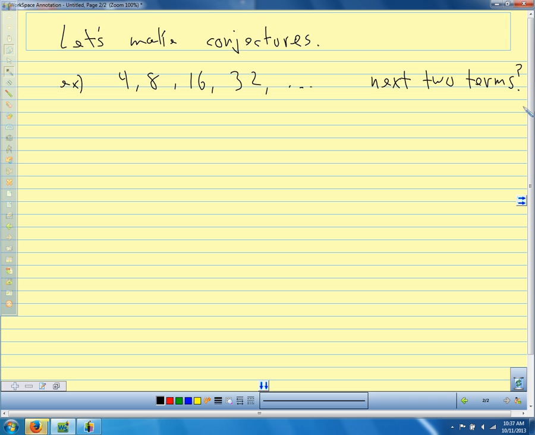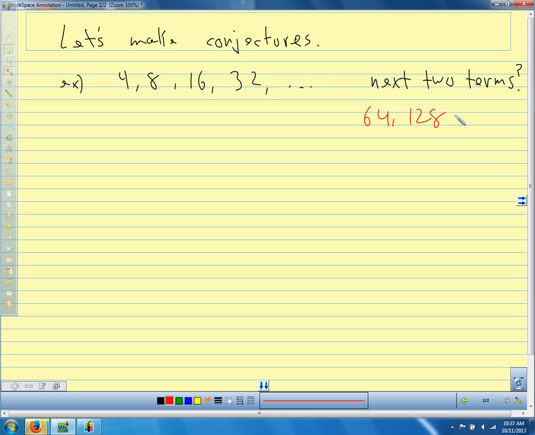64 and 128. Okay, so Sam says he thinks the conjecture is that the next two would be 64 and 128. And what was your rule that you used?